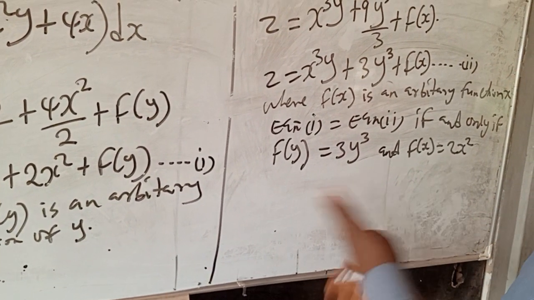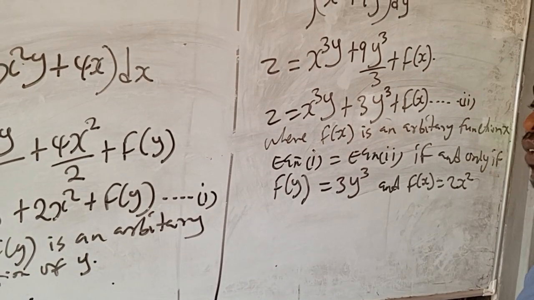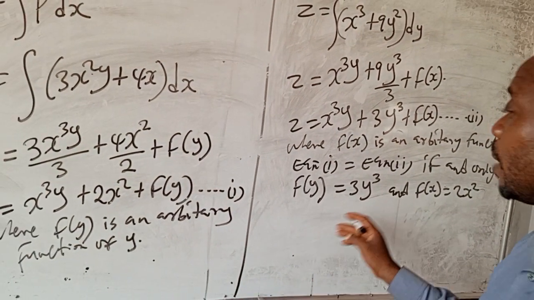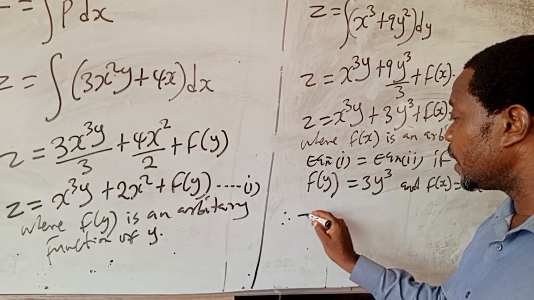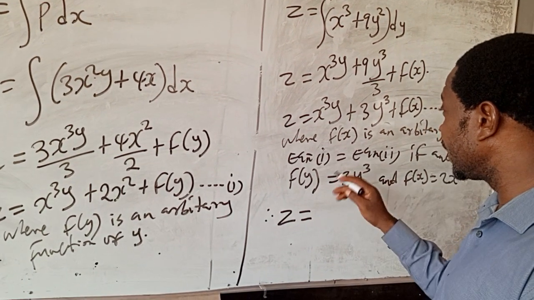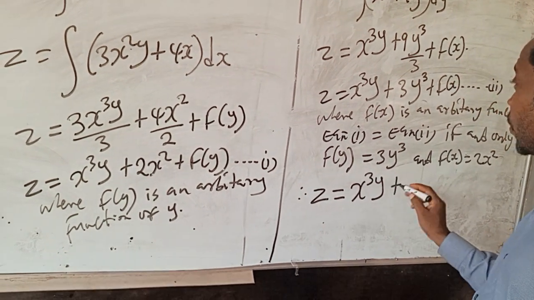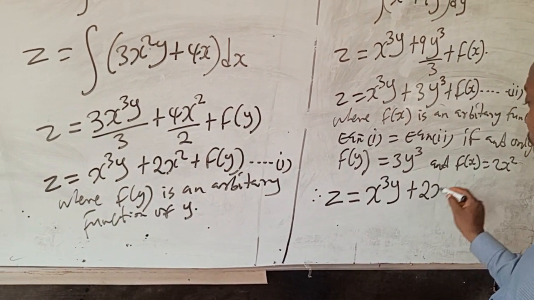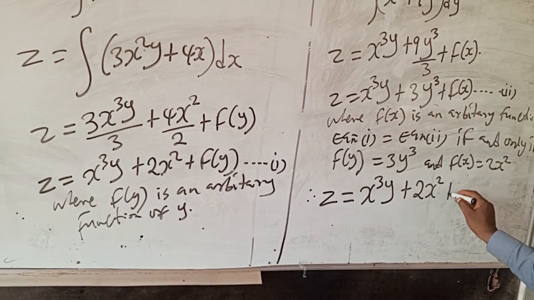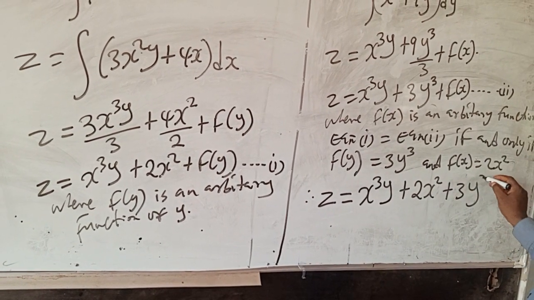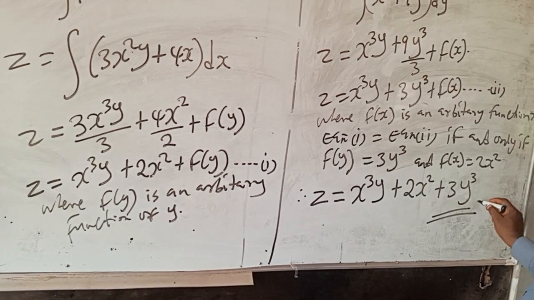So in that case, it means the two equations will have equal terms. So pick them one by one. You conclude that therefore z will be equal to x raised to the power 3 y plus 2x raised to the power 2 plus 3y raised to the power 3. And that becomes the answer.